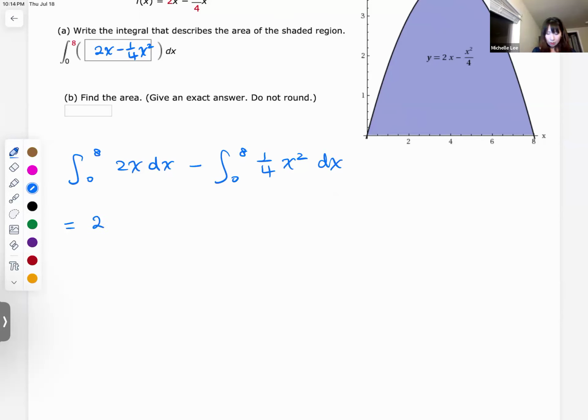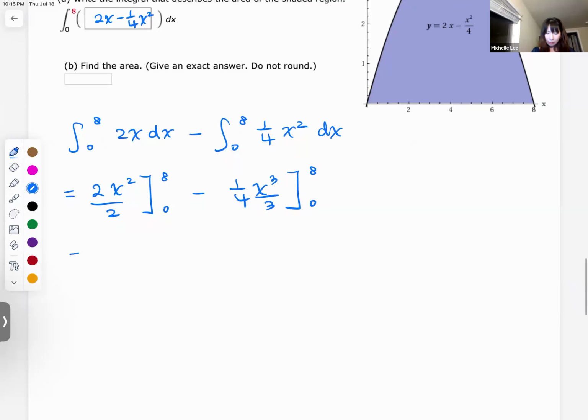We keep the coefficient and add 1 to the power, x squared over 2, and evaluate from 0 to 8, minus 104 x to the third over 3, evaluated from 0 to 8. Then we can simplify.